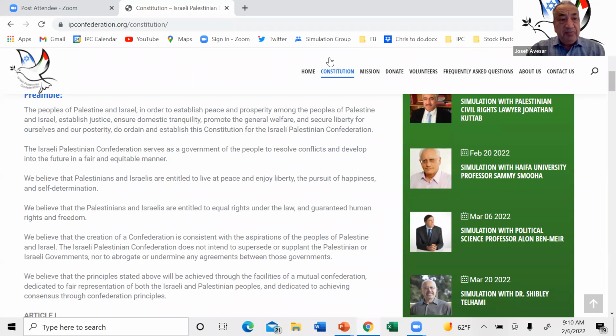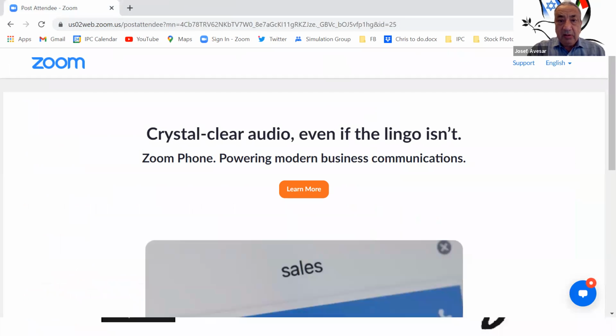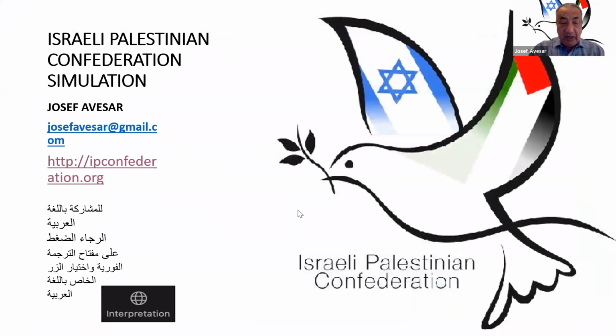And all of them based on equality between Palestinians and Israelis together. And this would be a secular government, which means that it would separate between religion and government. You can also go to the frequently asked questions. It explains how this government will work in a simpler question and answer format.